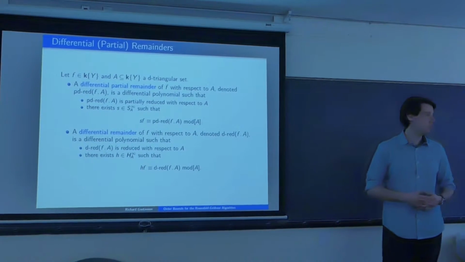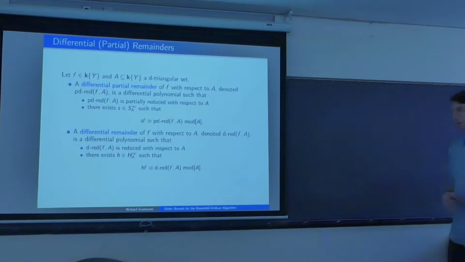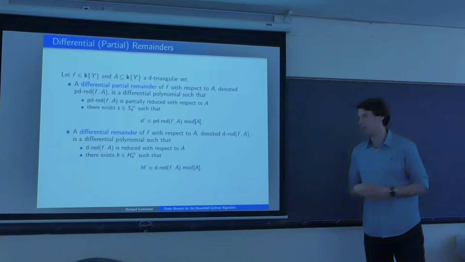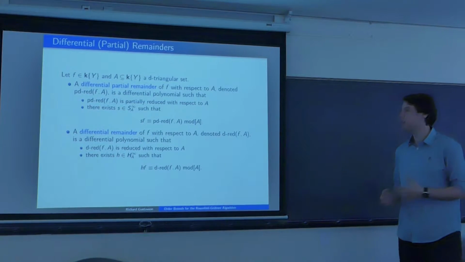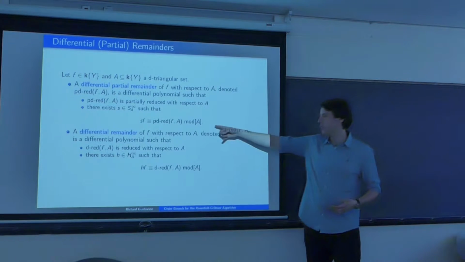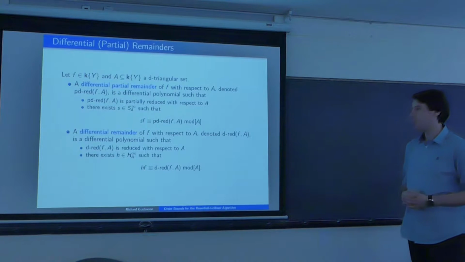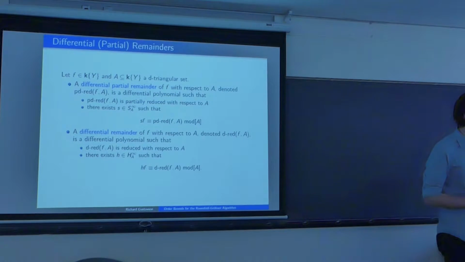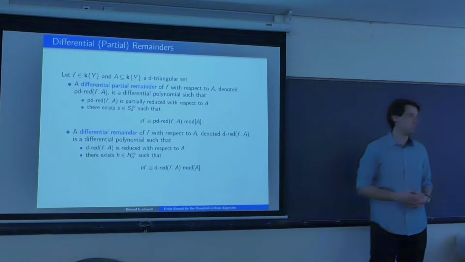If we have f a differential polynomial and a D-triangular set A, we can define a differential partial remainder and a differential remainder of f with respect to A. The differential partial remainder is a differential polynomial that is partially reduced with respect to A and satisfies this formula: there is some s in S_A^∞ such that sf is equivalent to the partial differential remainder modulo the differential ideal generated by A. Similarly for the differential remainder, which has to be reduced with respect to A, but now we allow not just powers of separants but also powers of initials as well.